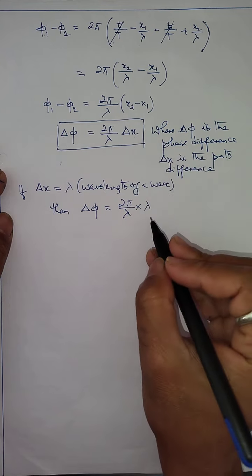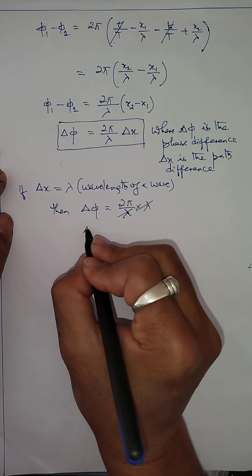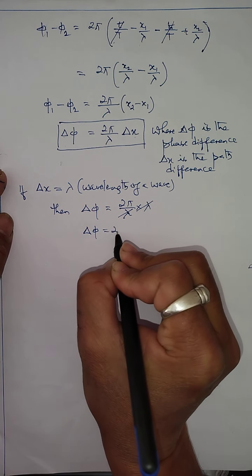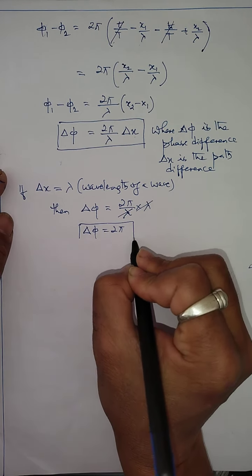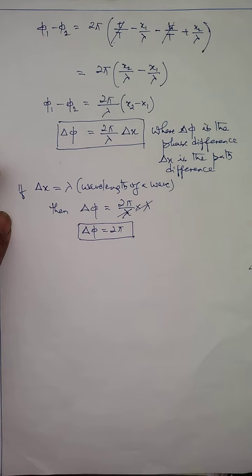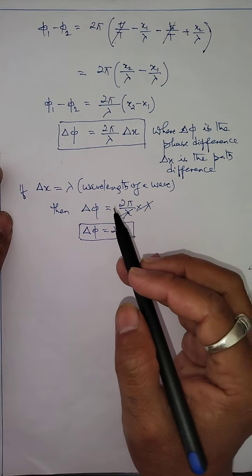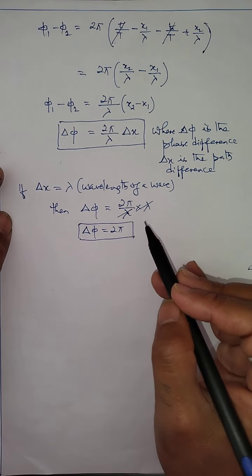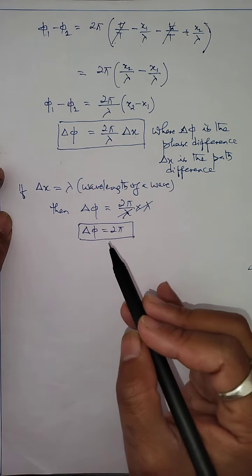So I replace delta x by lambda, this lambda cancels out, which means delta phi equals 2 pi. So your phase difference will be 2 pi when the path difference is lambda. Thus the phase difference between two medium particles having path difference lambda always has a phase difference of what?